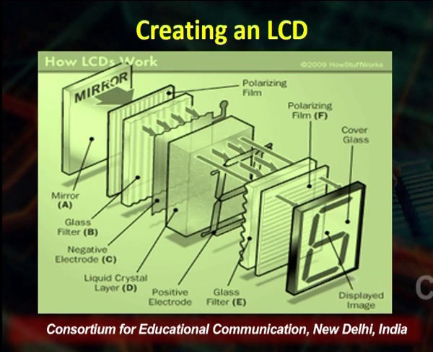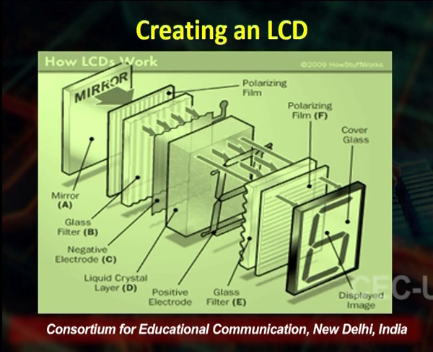On glass filter B, on the upper side you can see a polarizing film, and we use this same polarizing film for the other glass filter, represented by A. So we have two glass plates and two polarizing films. Moreover, we have one mirror.